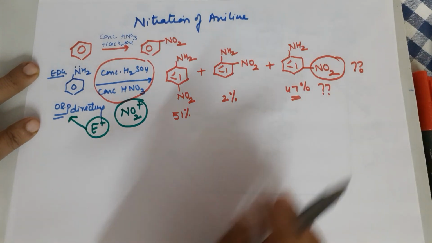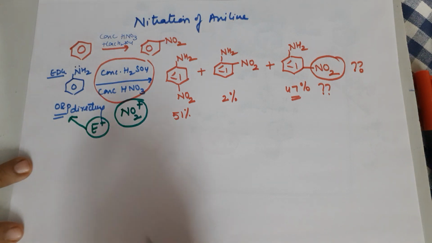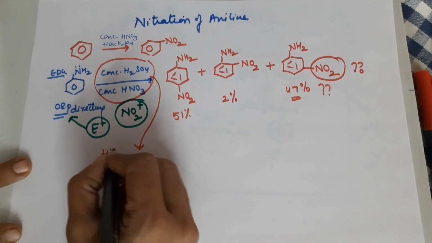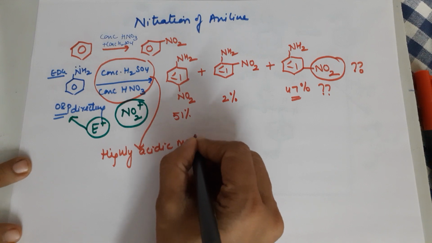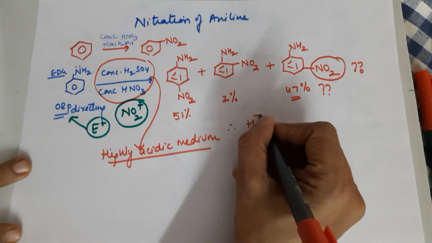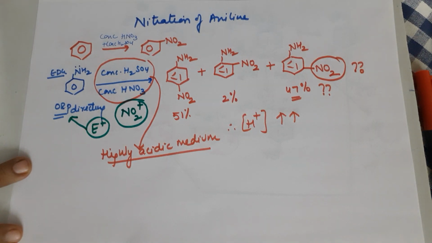Why? The reason is that when you perform the nitration, you agree that during nitration, you have a highly acidic medium required for nitration. Therefore, H positive ion का concentration is very high. Fine.